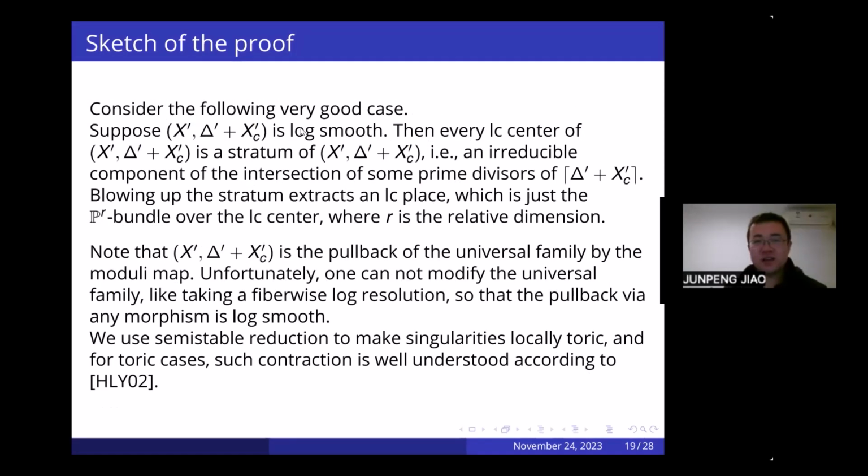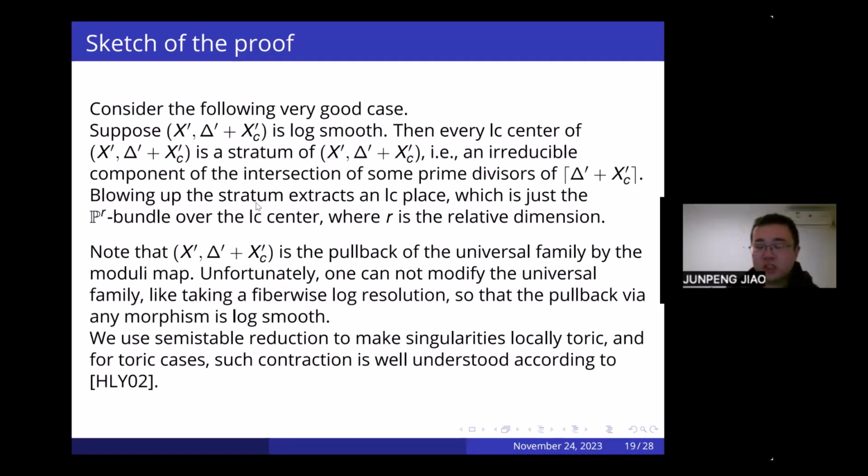let's consider the following very good case. Suppose this X prime, delta prime plus X_C prime is log smooth. Then every LC center of it is a stratum of this. A stratum is an irreducible component of the intersection of some prime divisors of this.